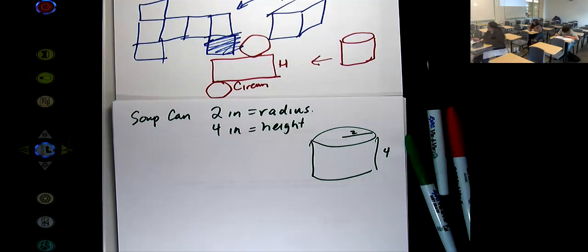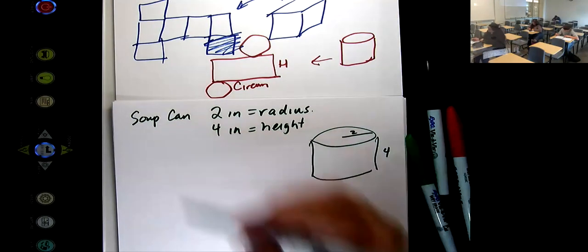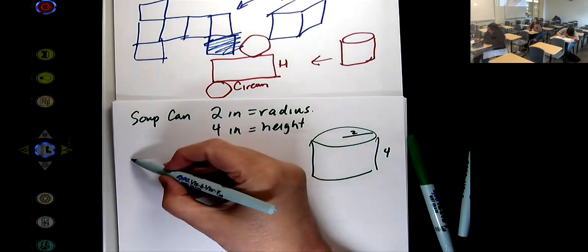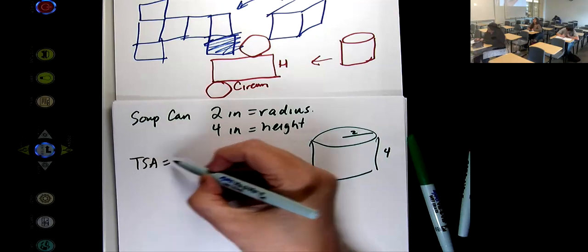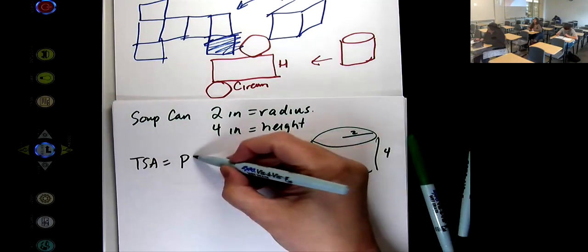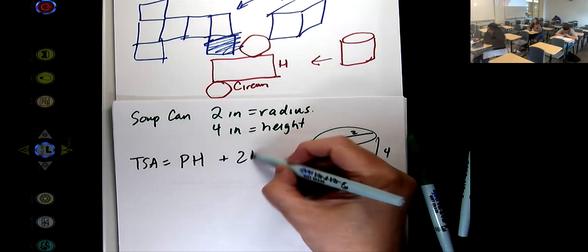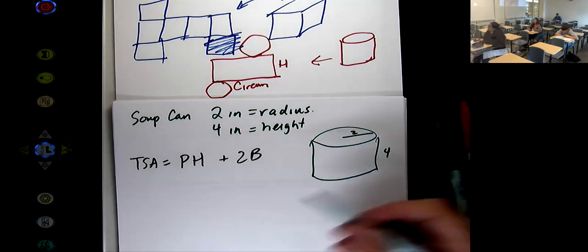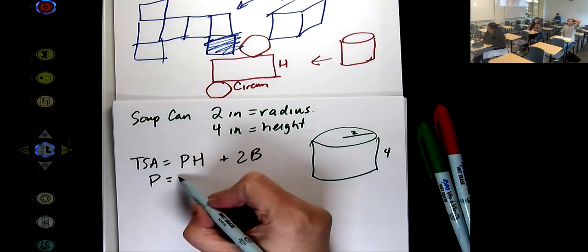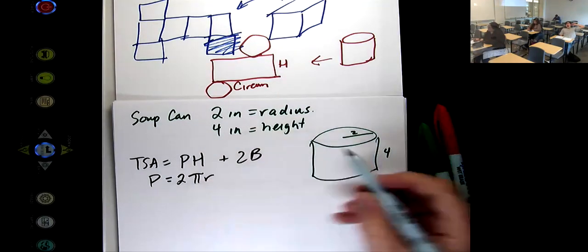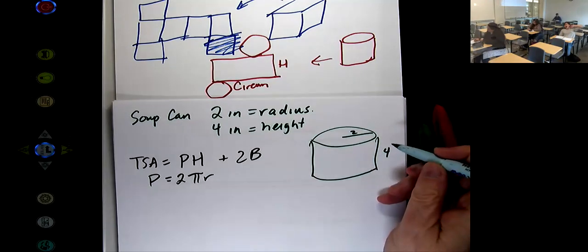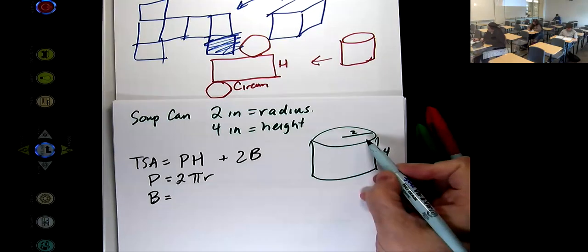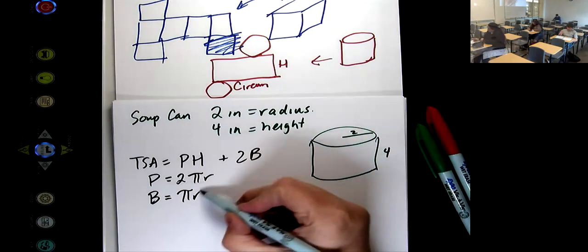Now, I'm going to do it the formula way first. The formula for the total surface area is the perimeter times the height plus 2 times the base. Perimeter of the circle is 2 pi r. The area of a circle on the bottom, the base, is pi r squared.